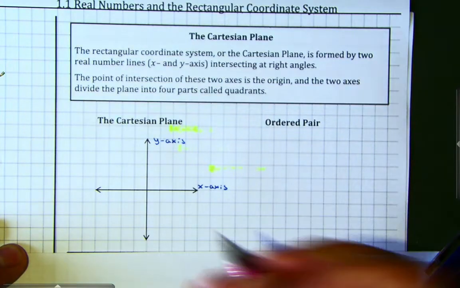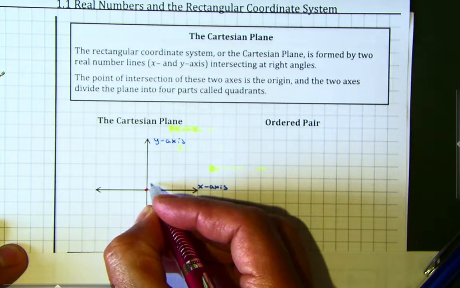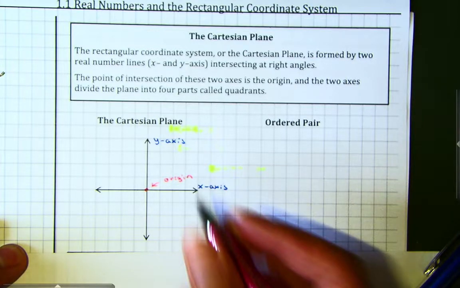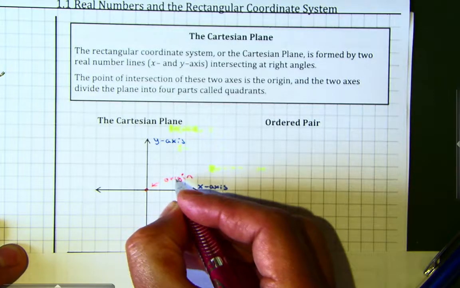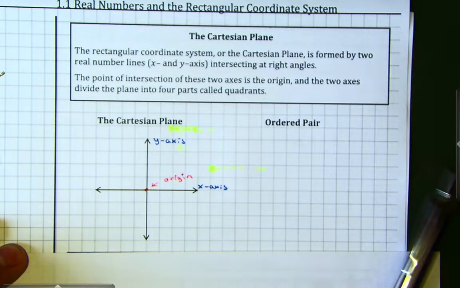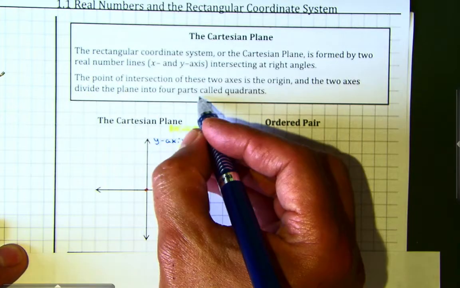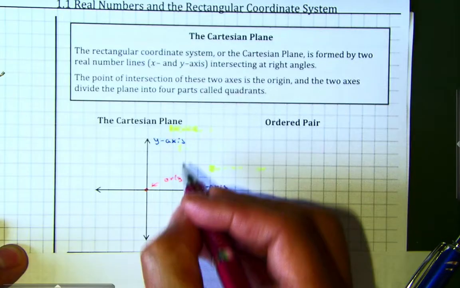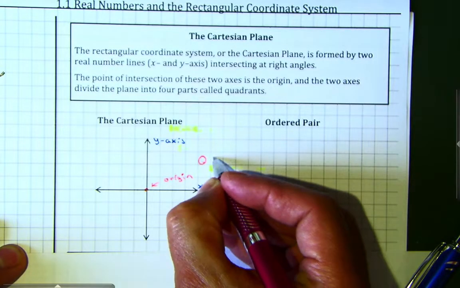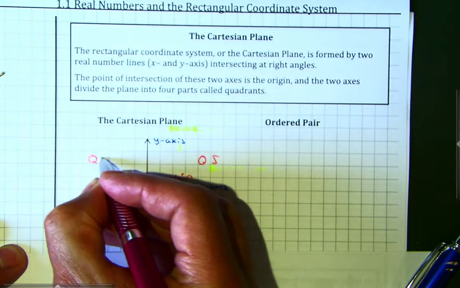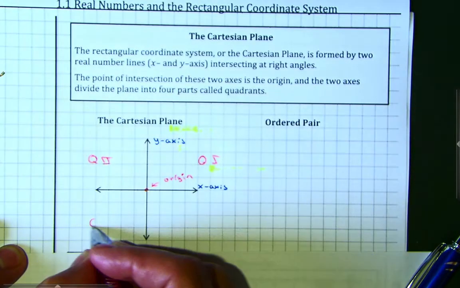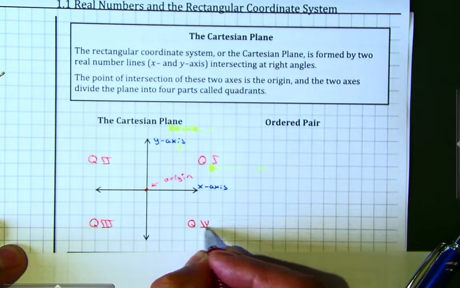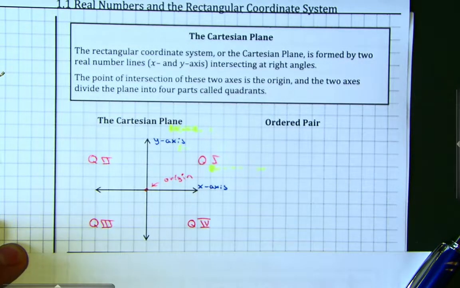So therefore, this point here we call the origin, 0, 0. And the two axes divide the plane into four parts called quadrants. This is quadrant number 1. This is quadrant number 2. This is quadrant number 3. And this is quadrant number 4.